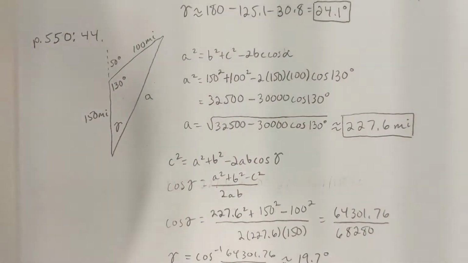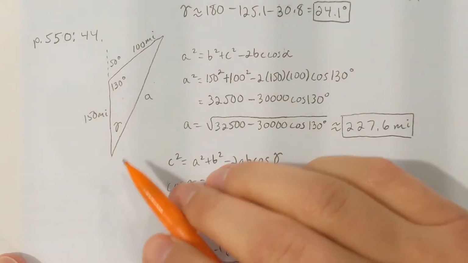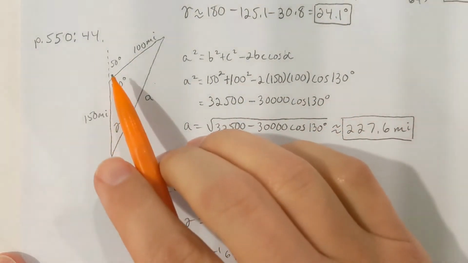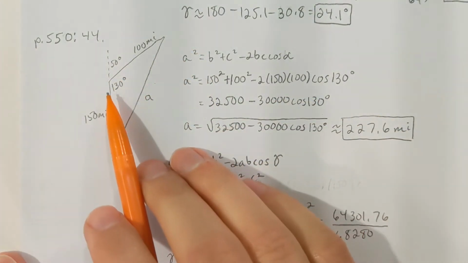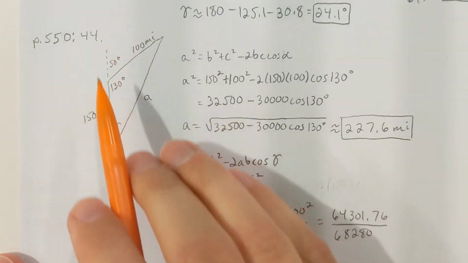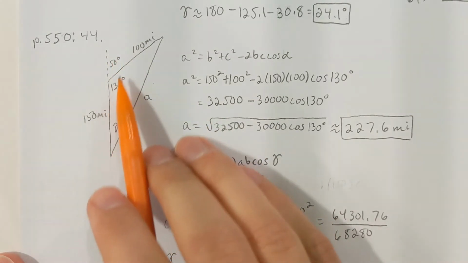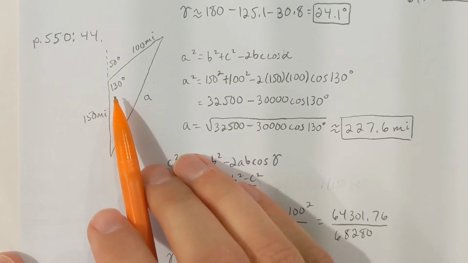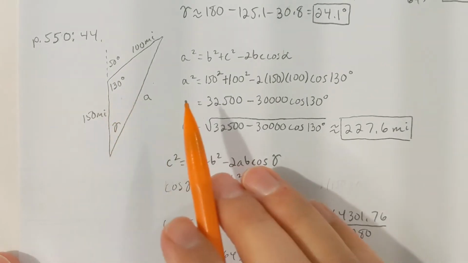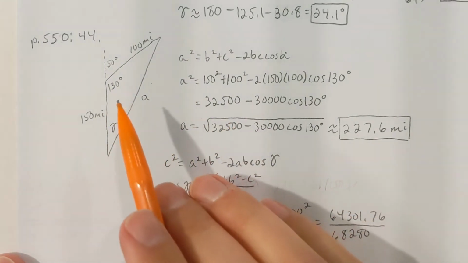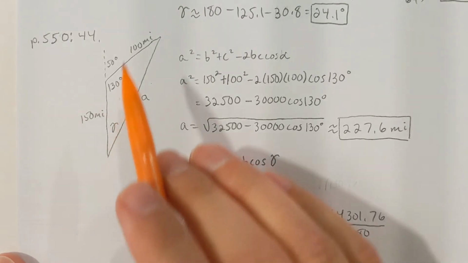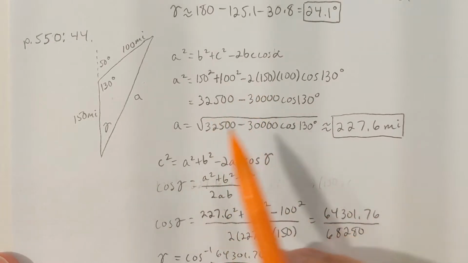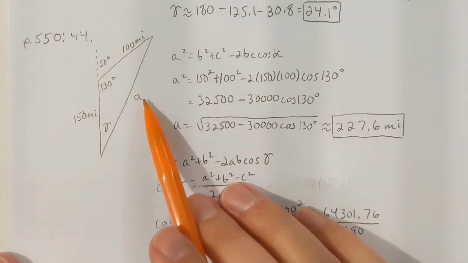If we're going to make a direct shot, I'm calling that side a, in miles, and I've got this picture set up. If the plane were to continue flying straight north, you'd have a 180-degree angle, so knowing this angle is 50 degrees means the angle inside the triangle is 130 degrees. In this triangle, I don't have an angle and its opposite side known, so I would use the law of cosines to get side a.